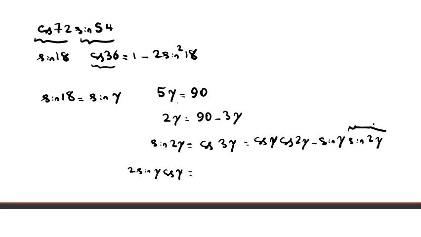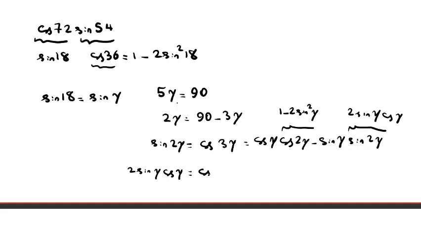And we can write it like this. It's 2 sine gamma cos gamma. And for this case, cos 2 gamma, let's write in terms of 1 minus 2 sine squared gamma.